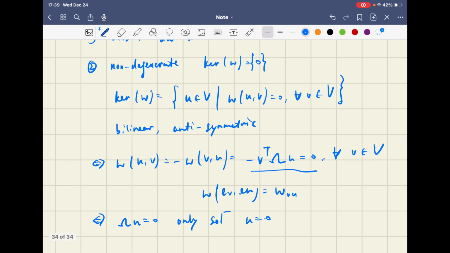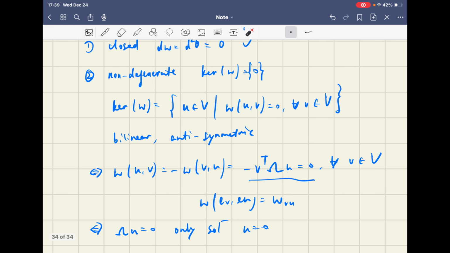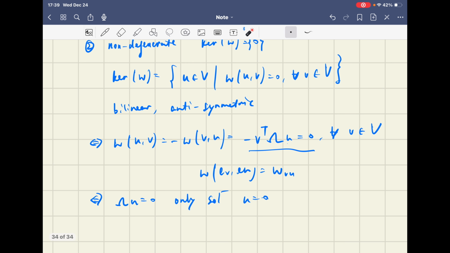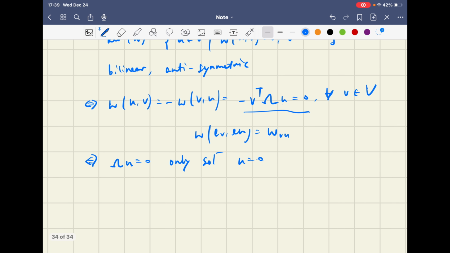Okay, so now we have successfully transformed this requirement into a classic linear algebra problem, and this condition is equivalent to saying that omega is invertible, which is equivalent to saying that the determinant of the operator should be non-zero.